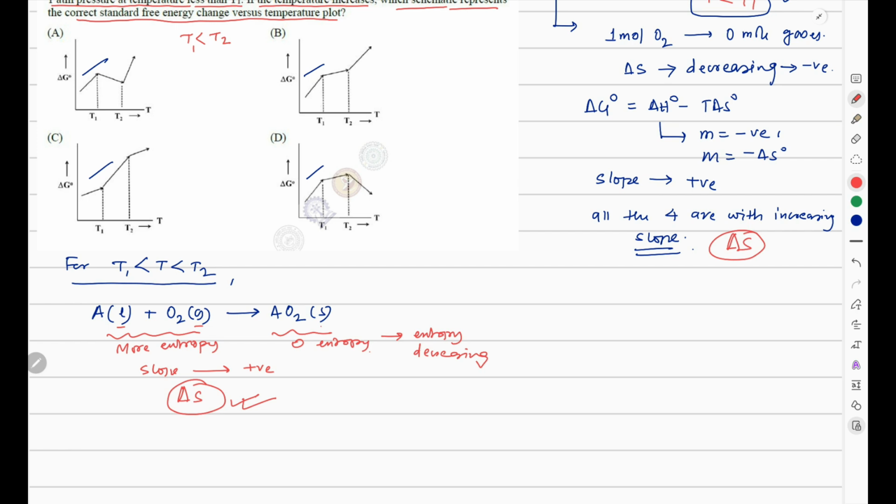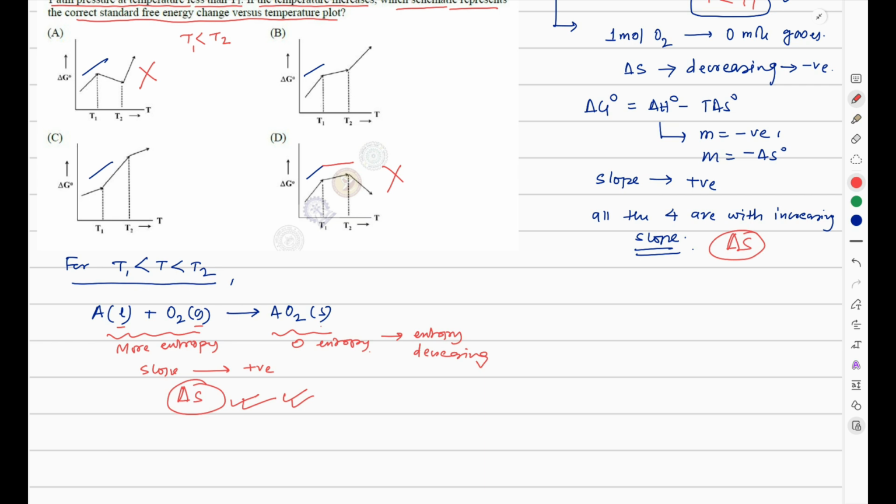In option A, the slope is decreasing, so we are left with three options. In option D, the slope is also decreasing with respect to the previous case, but it should increase because the delta S value is larger. So this is also wrong. We are left with B and C.